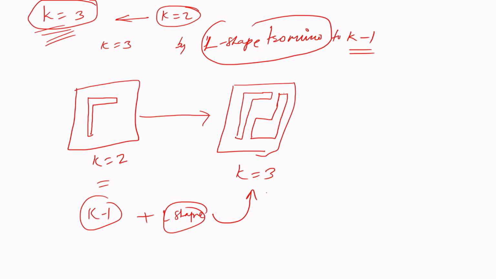So we can say that a fully covered board of width k equal to 3 can be derived from a partially covered board of width k equal to 2, and we can see that here, right? So this provides us a basic idea of where the possible tilings come from, a board with a width of k, right?